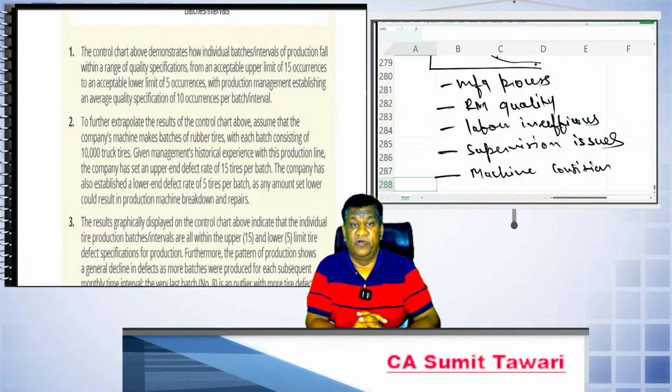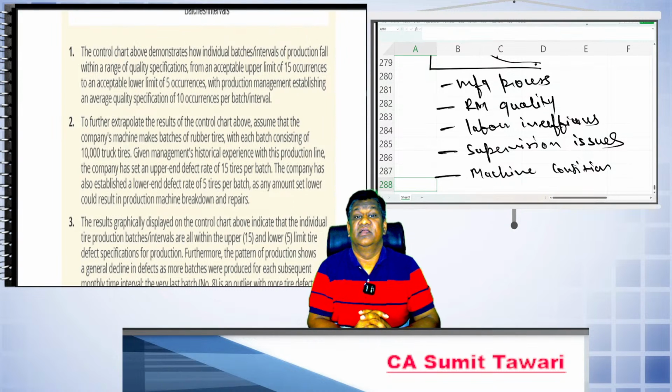To further extrapolate the result of the control chart above, assume that the company's machine makes batches of rubber tires, with each batch consisting of 10,000 truck tires. Given management's historical experience with the production line, the company has set an upper end defect rate of 15 tires per batch, and a lower end defect rate of 5 tires per batch. Any amount set lower could result in a production machine breakdown and repair.